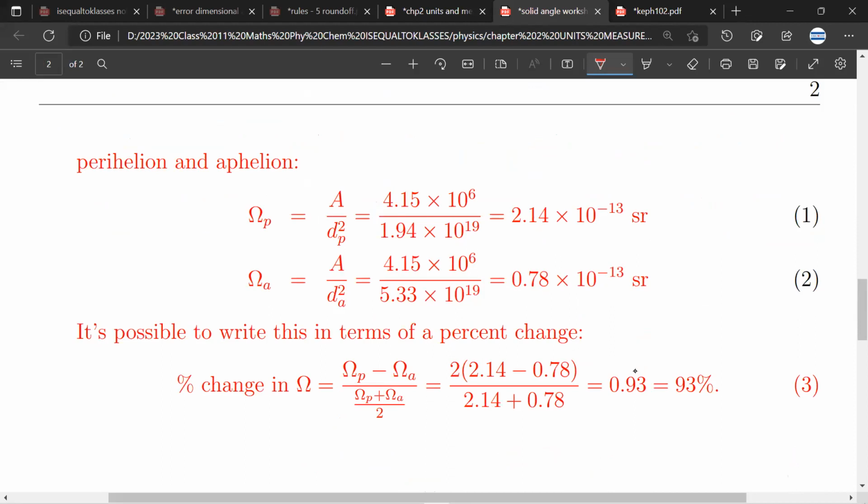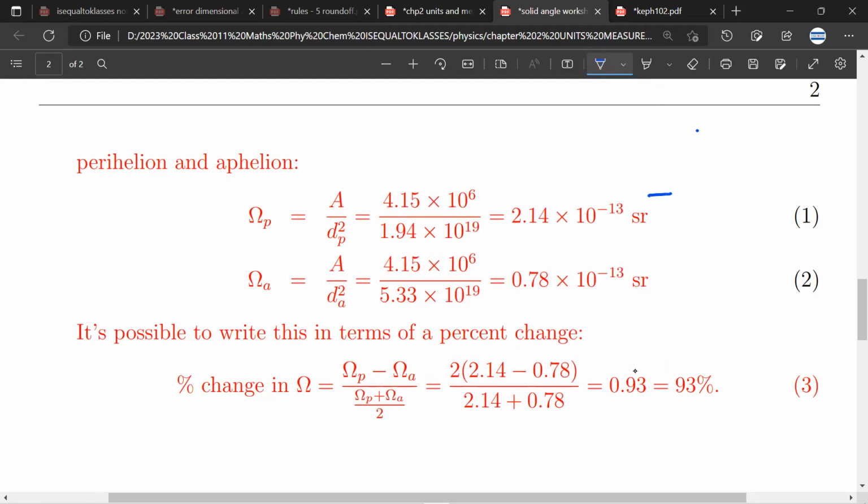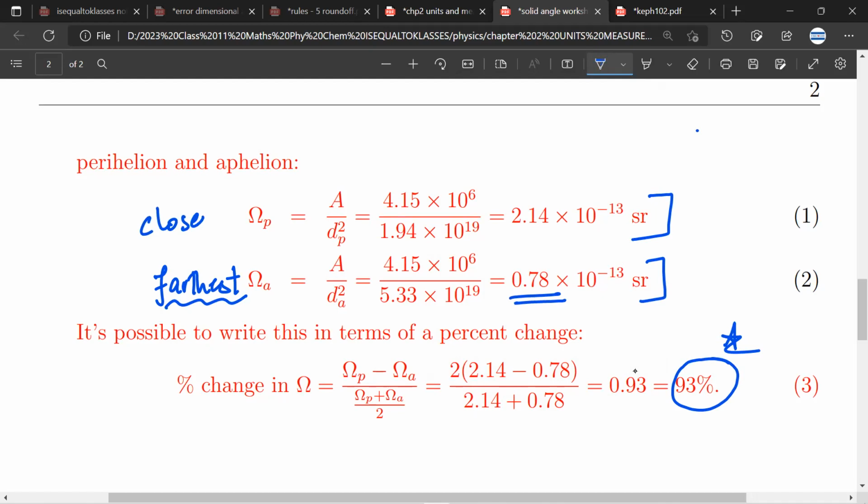Now the interesting thing is, look at this angle and this angle, and they have done a comparison also, the percentage change. So there is a 93% change. And what does this mean for us? When Pluto, the heavenly body, is farthest, the angle subtended is small, and when it is closest, the angle subtended is large.